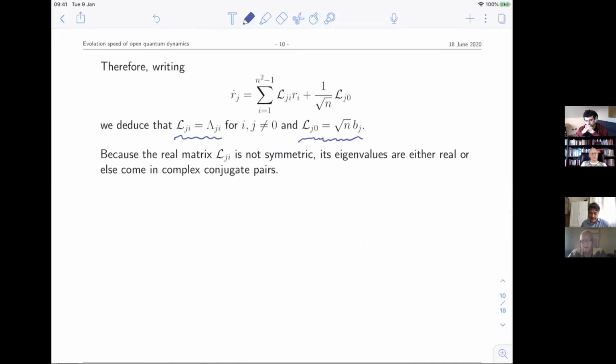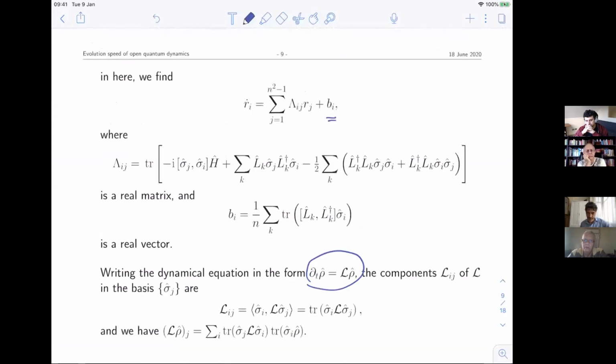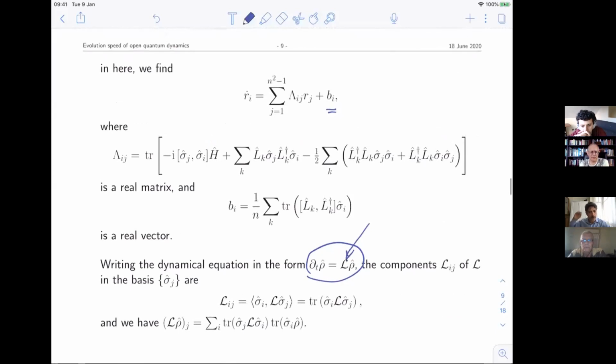So in that way, we can translate the dynamical equation in terms of more familiar matrix form, but we can also talk about the eigenvalues of the Liouville operator in this way. Now, there's a lot of work in the literature on the study of eigenvalues of the Liouville operator. I haven't spent too much time on this, but in some of the papers that I found in the literature where people work out the eigenvalues, no one explained how they worked out the eigenvalues.